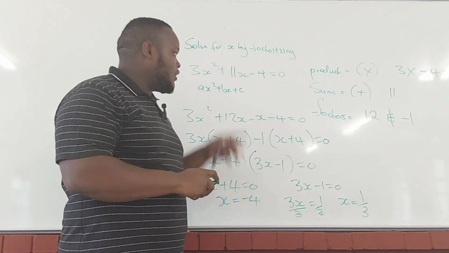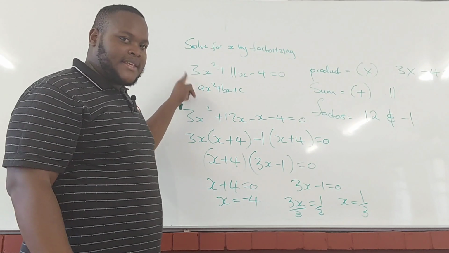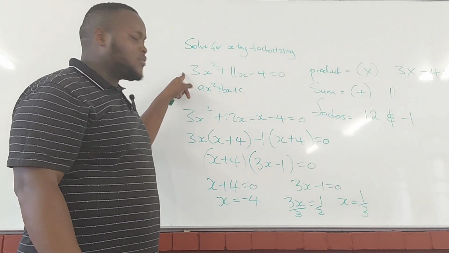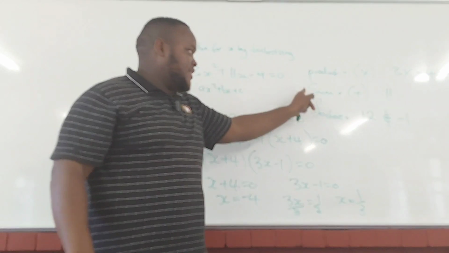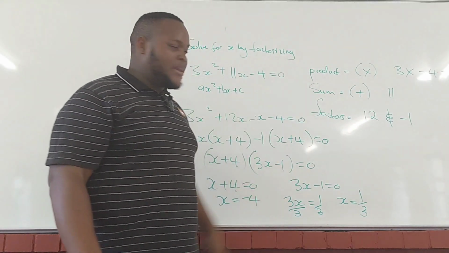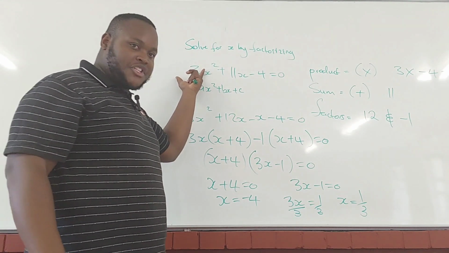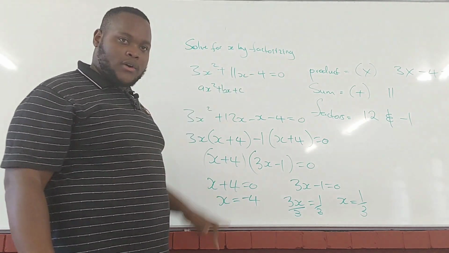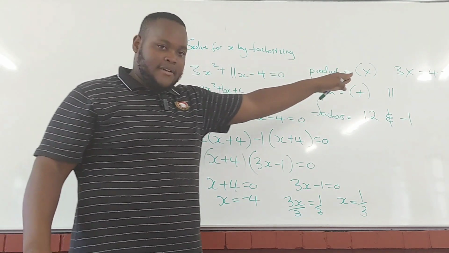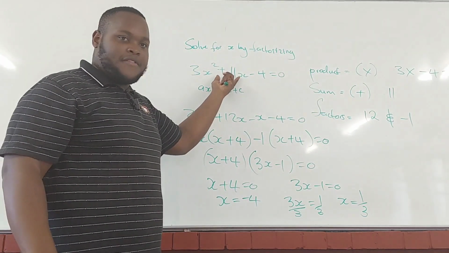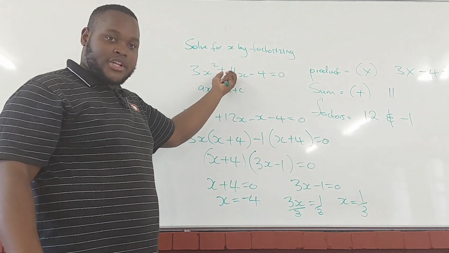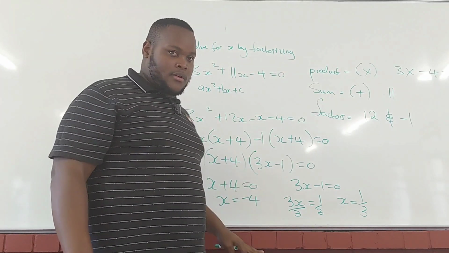It doesn't matter whether your coefficient here is 1 or 2 or 5, whatever it may be, as long as you know the product, sum, and factors. When it comes to the product, you multiply the coefficient of x squared by the constant. Then when it comes to the sum, you look at the coefficient of the middle term, which is 11, right?